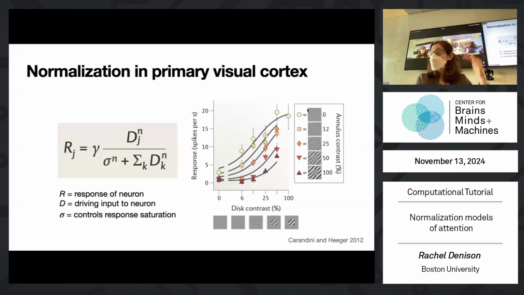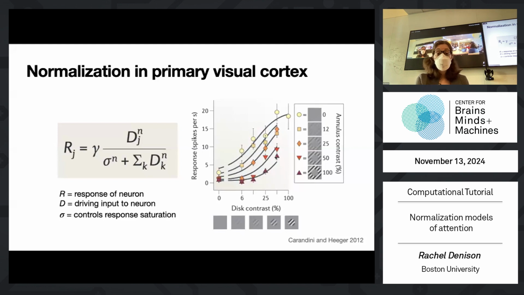And as you can see, as we increase the contrast of that surrounding annulus, what happens to the contrast response functions? They're shifting over to the right, right? So just like in the illumination example, when you have a higher contrast surround, these curves are shifting more and more and more to the right, so that the same level of disk contrast is going to lead to lower responses when you have a higher contrast surround, sort of looking up like this row.